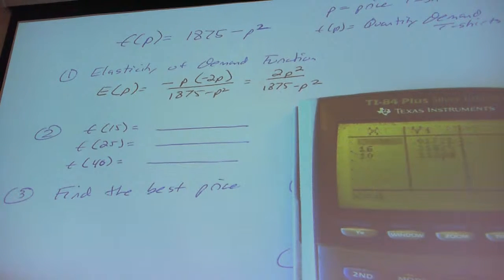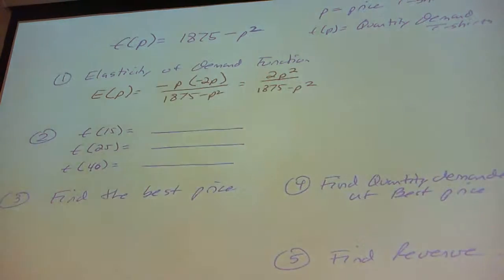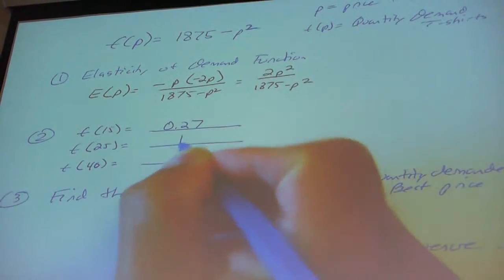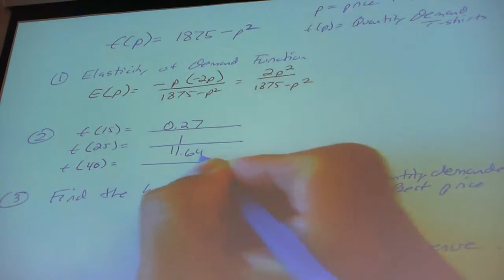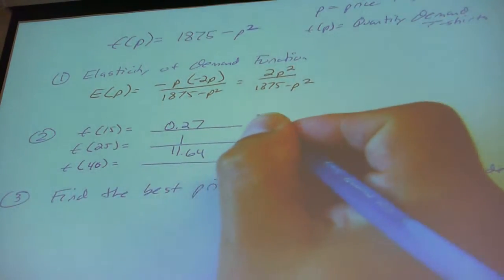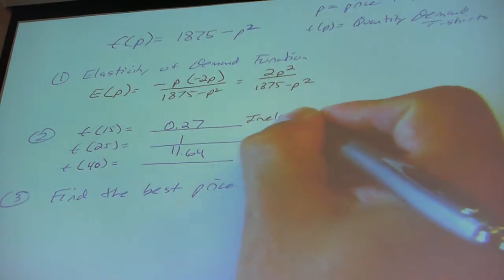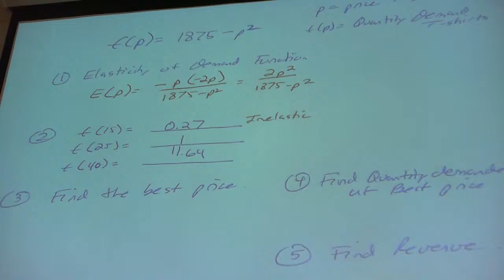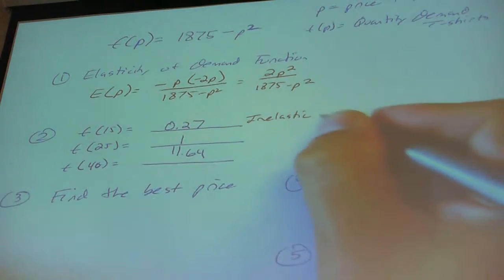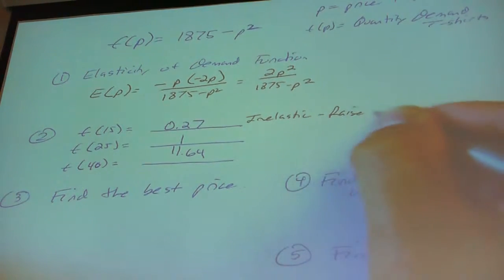Go to the table feature, plug in 15, plug in 25, plug in 40. So you get 0.27, you get 1, and you get 11.64. When it's less than 1, what's it called? Inelastic. And what it means is you're not so sensitive, and you should raise the price.